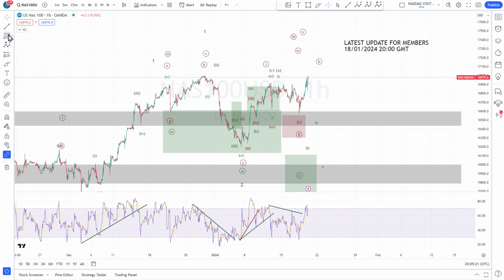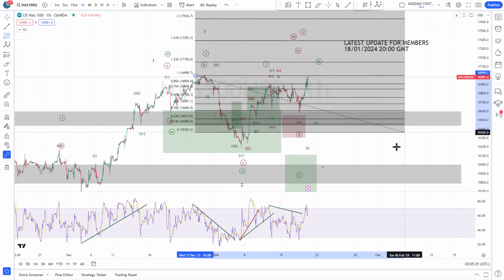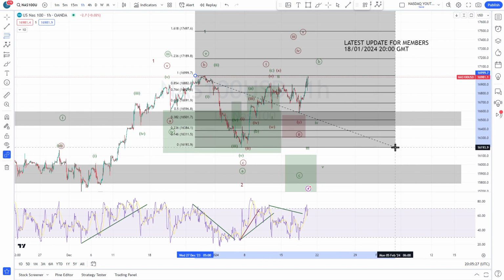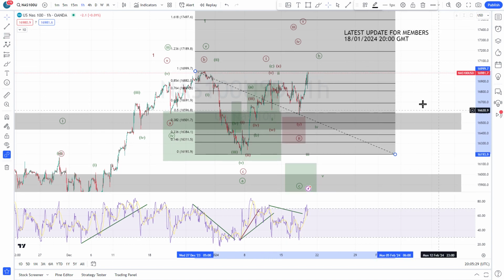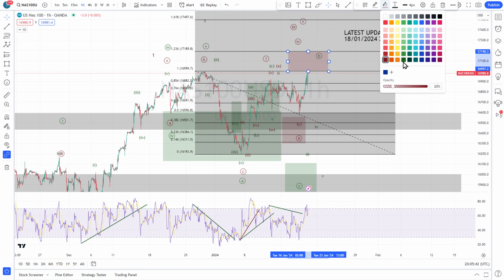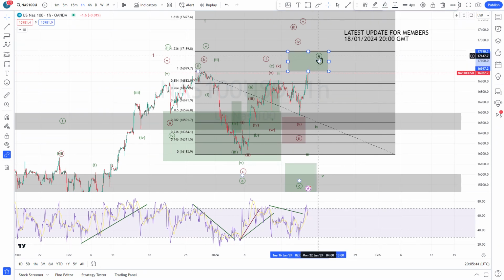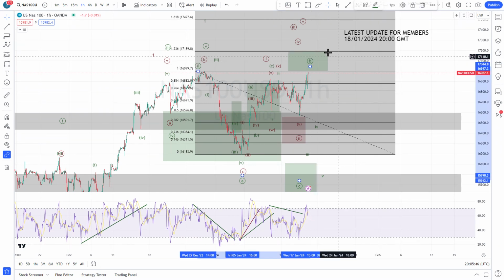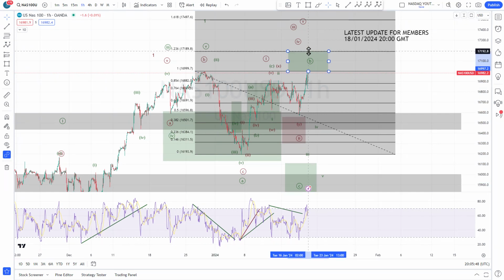Then what we don't want to see, or what we want to see depending on how you would like to trade, is this: if this is an expanded flat structure, then our wave B should stay here in this area, like this.